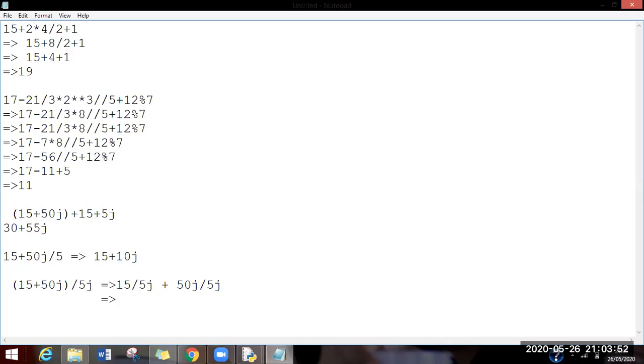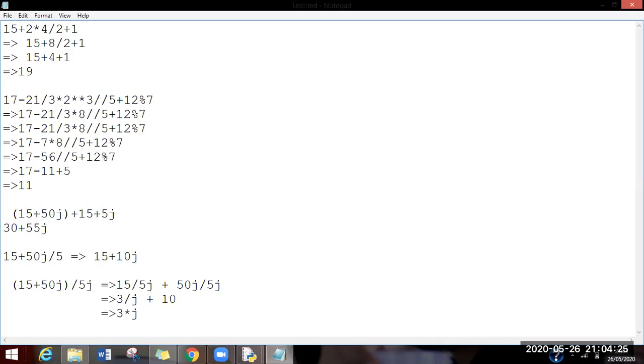Now when you divide 15 by 5j, what will be left? 3 upon j, plus, j and j will be cancelled, and 50 by 5 will give you 10. Now multiplying both numerator and denominator by j.